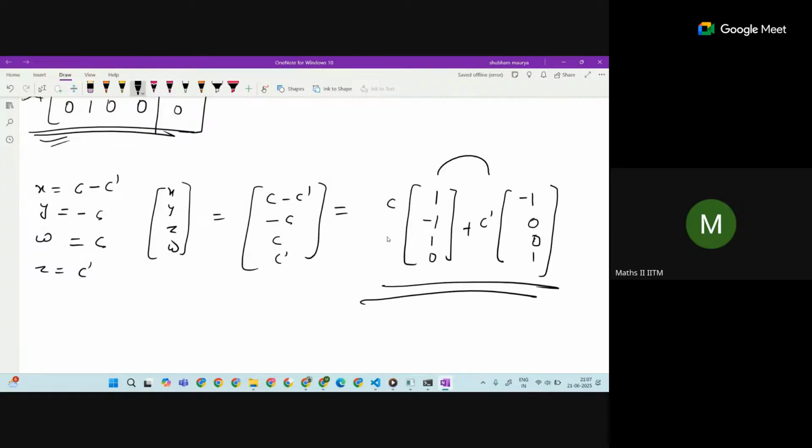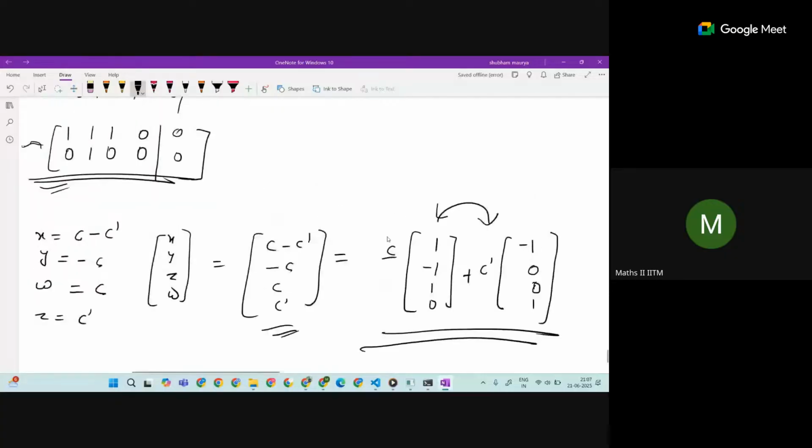If you add these two after multiplying, you'll exactly get this one. I slowly wrote this, and you will see the reason why I am writing it.